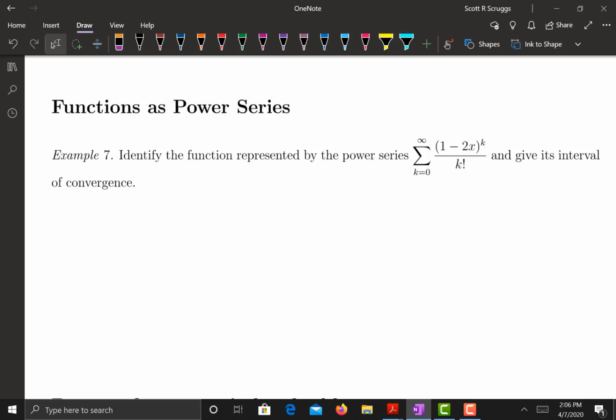And now, let's finish this up and express a function as a power series.